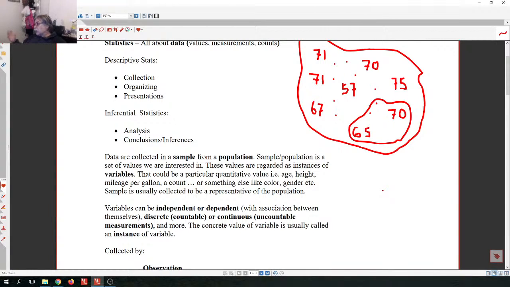It could be something else, a shoe size of a random 18-year-old male in the United States, or the mileage per gallon of a random four-door sedan that is currently on the road in the United States. As you see, it could be a rather long description, but that description is what we call a variable.